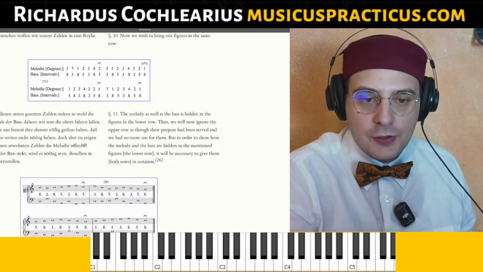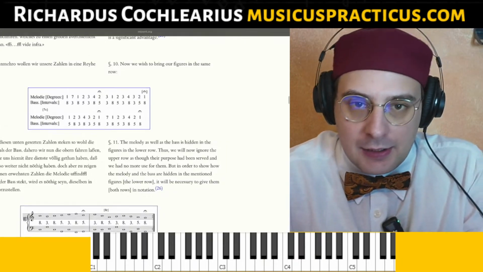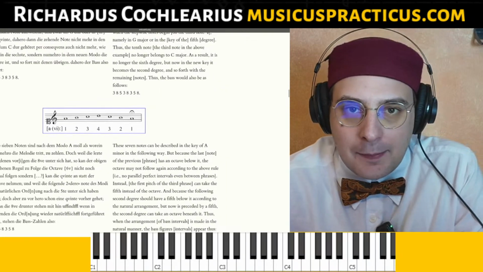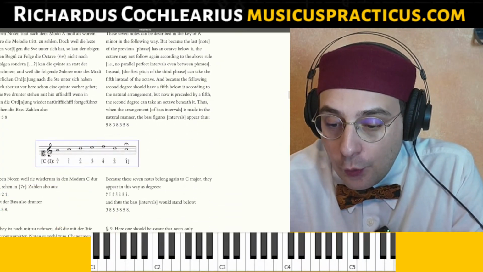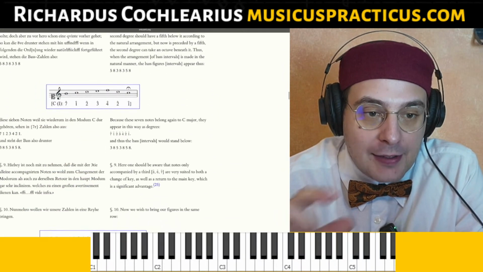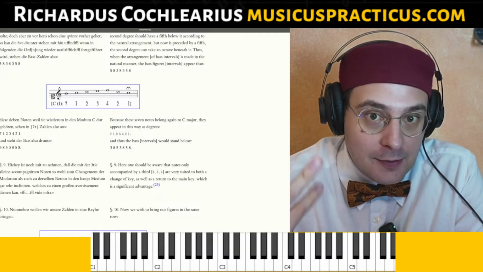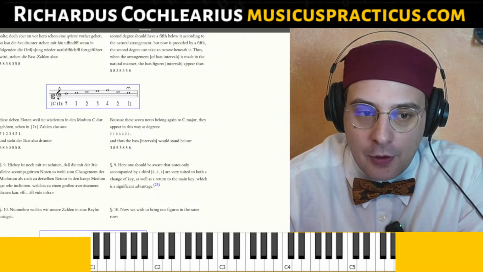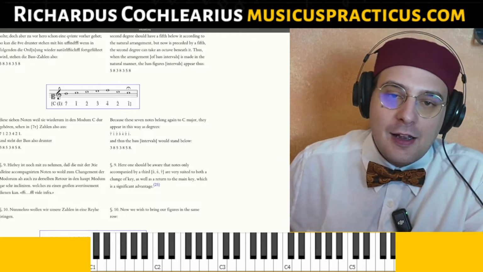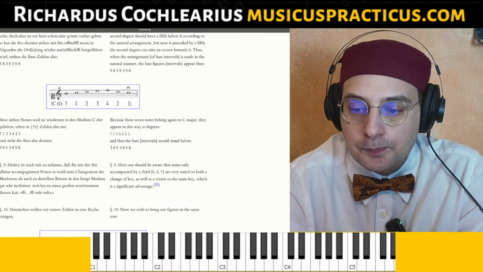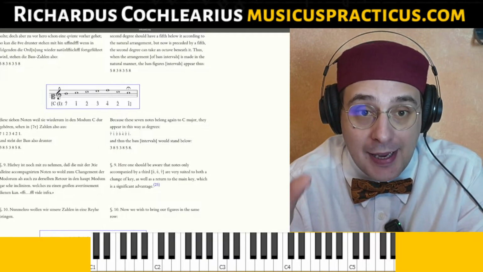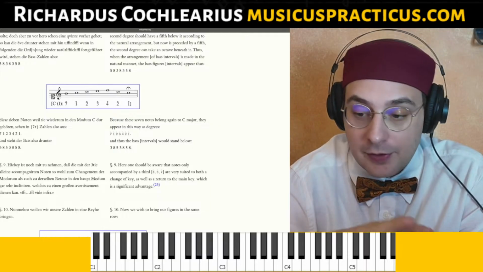Okay, good. Now we are reading this book, which is a very interesting manuscript by Stölzel, which teaches us how to write a bass over a melody. We start from a melody, a single melody, and then we add the bass, using fifths, octaves, and thirds.